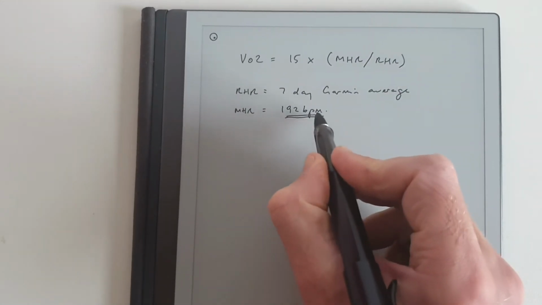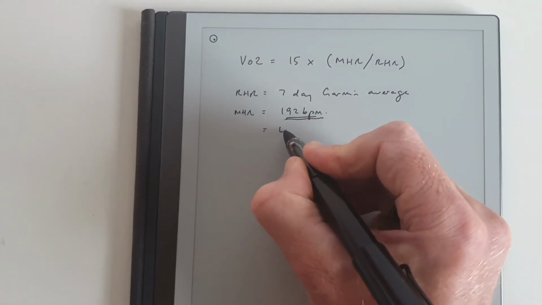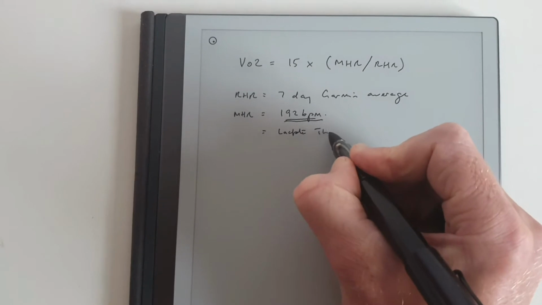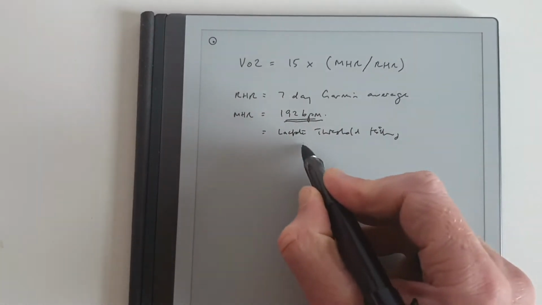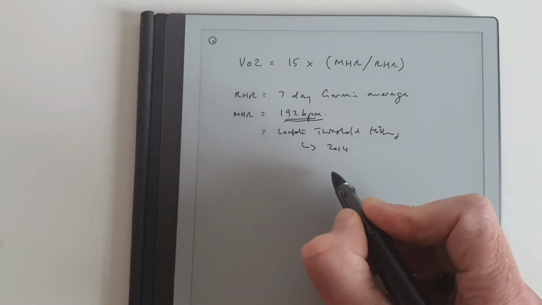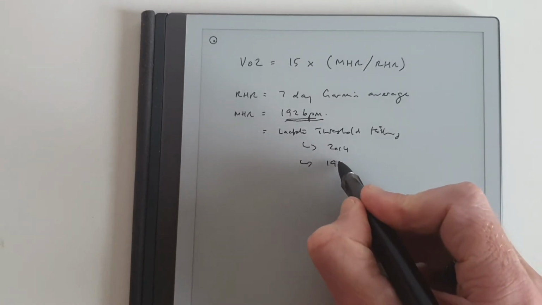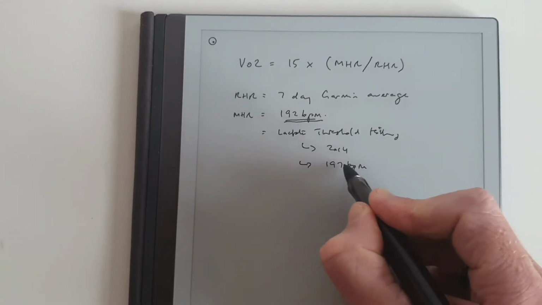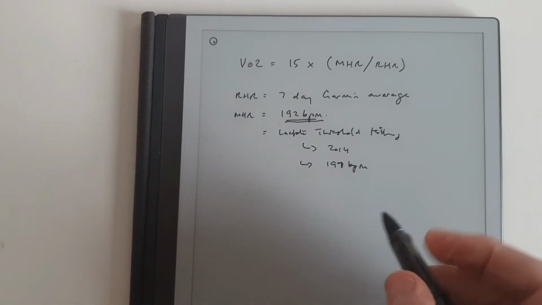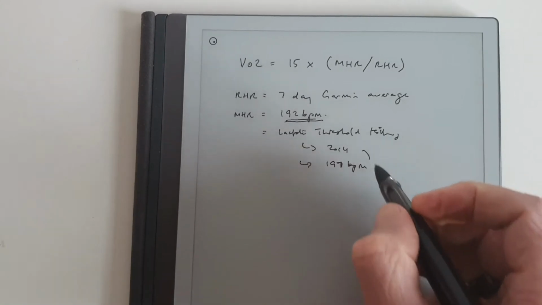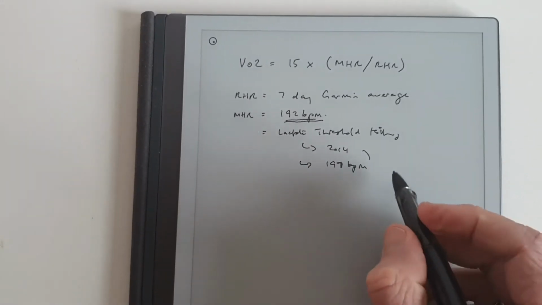The reference I have for this is I did some lactate threshold testing back in 2014, and at that session my heart rate increased to 197 BPM at that time, and I've always referenced that 2014 test for my maximum heart rate.